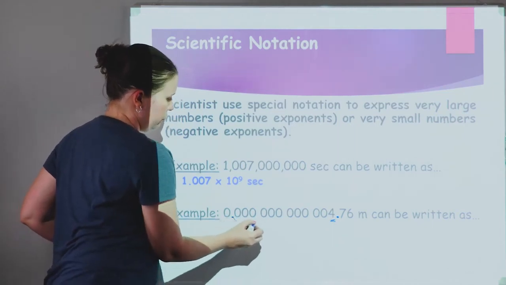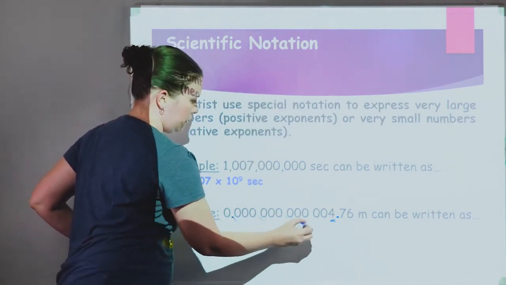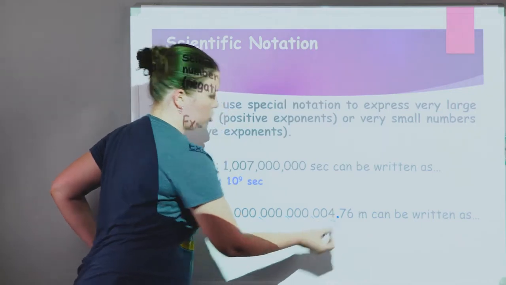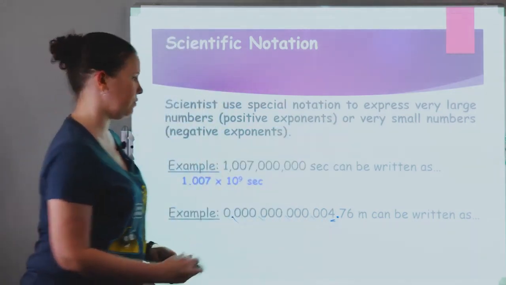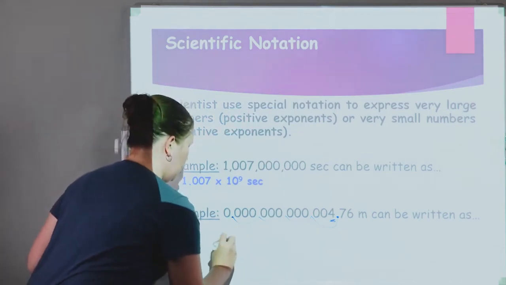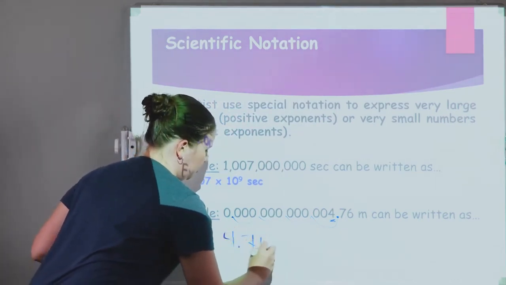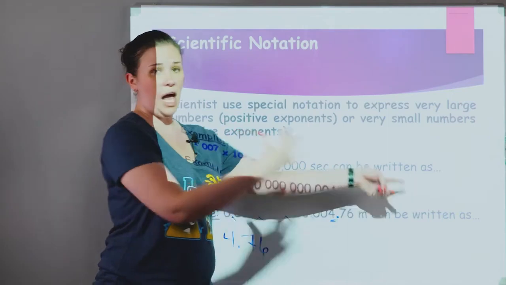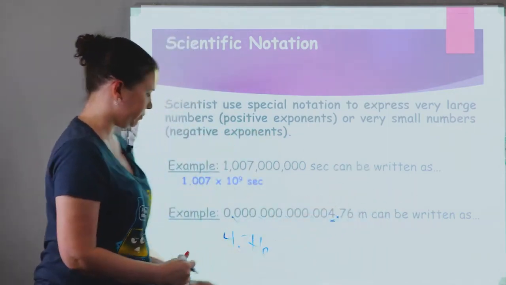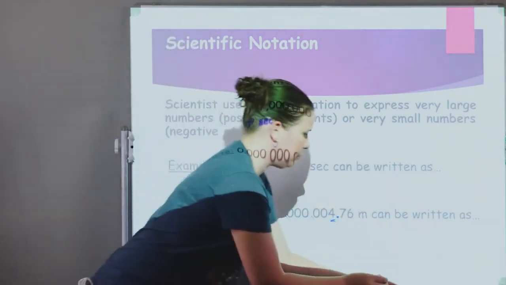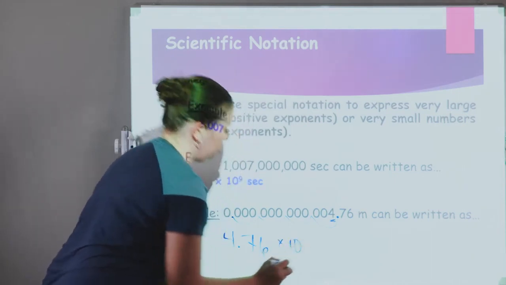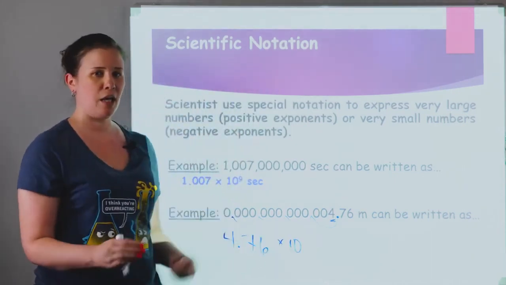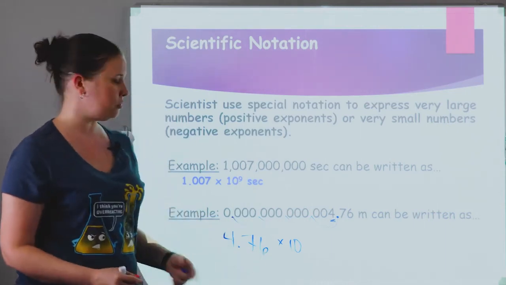So I'm going to move 3, 6, 9, 12 places to move it to where I want it for proper scientific notation. So I'm going to write my 4.76. If there were zeros after them, I would actually include them, just to give you a peek at that scientific notation thing. And then I'm going to write times 10. And now I need my exponent. How many places did I actually move?